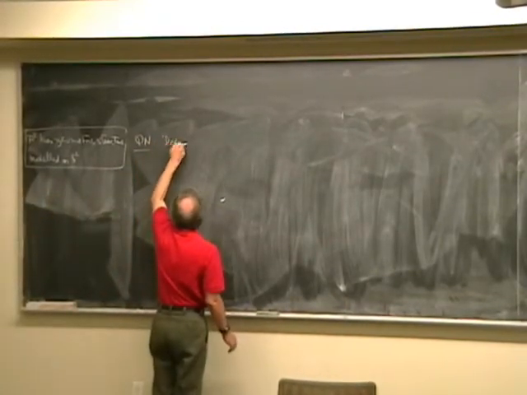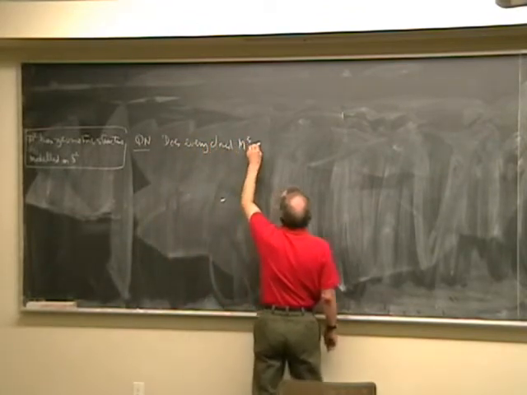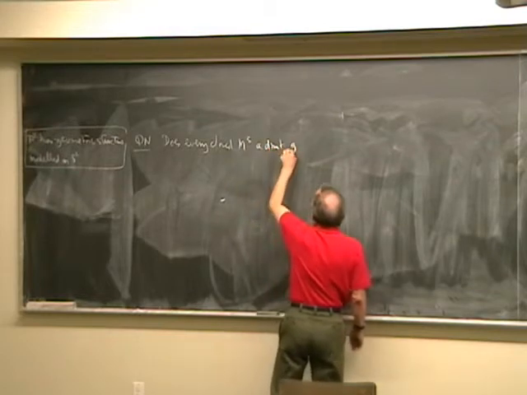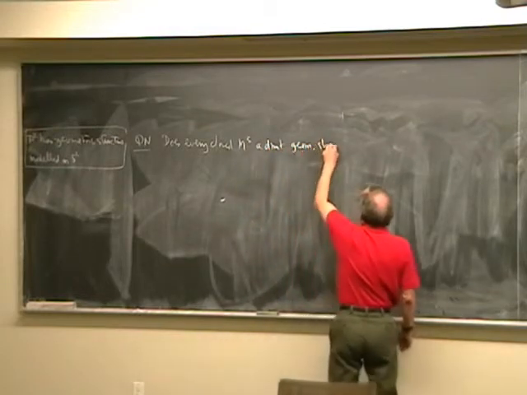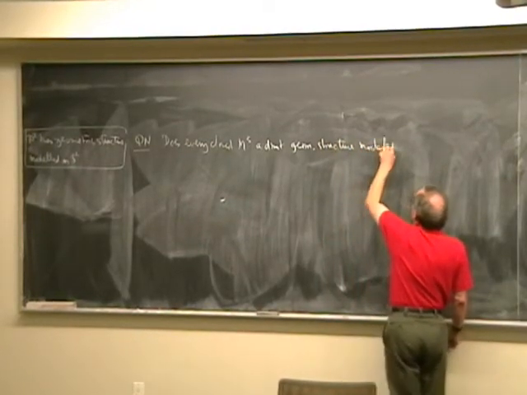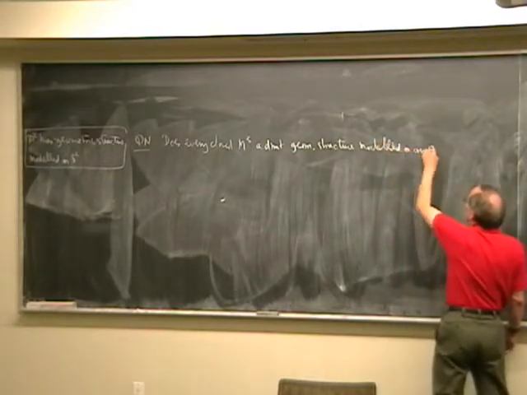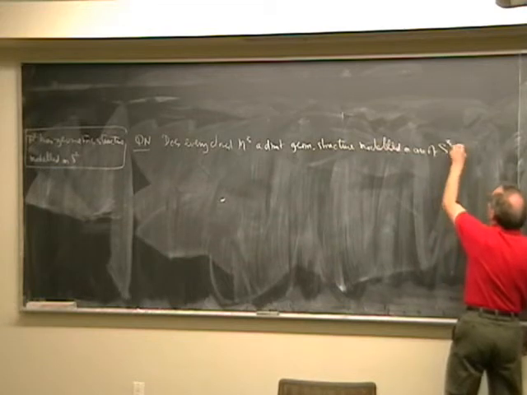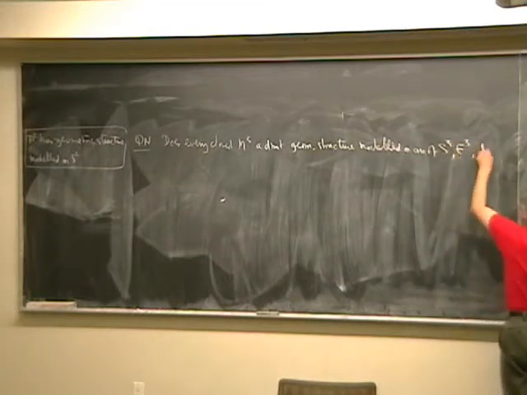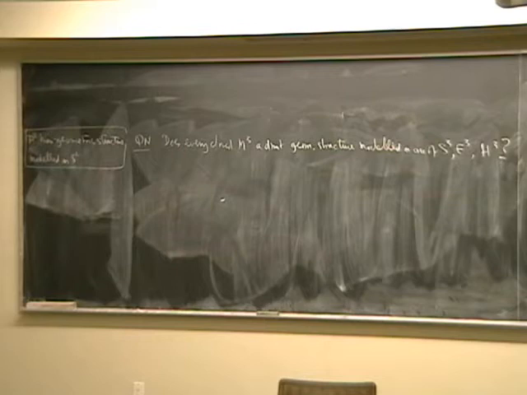Does every closed three-manifold admit a geometric structure modeled on one of the three-sphere, Euclidean three-space, hyperbolic three-space? If that was true, then of course the situation would be exactly analogous to what happens in dimension 2. Now it's very easy to see the answer is certainly no.